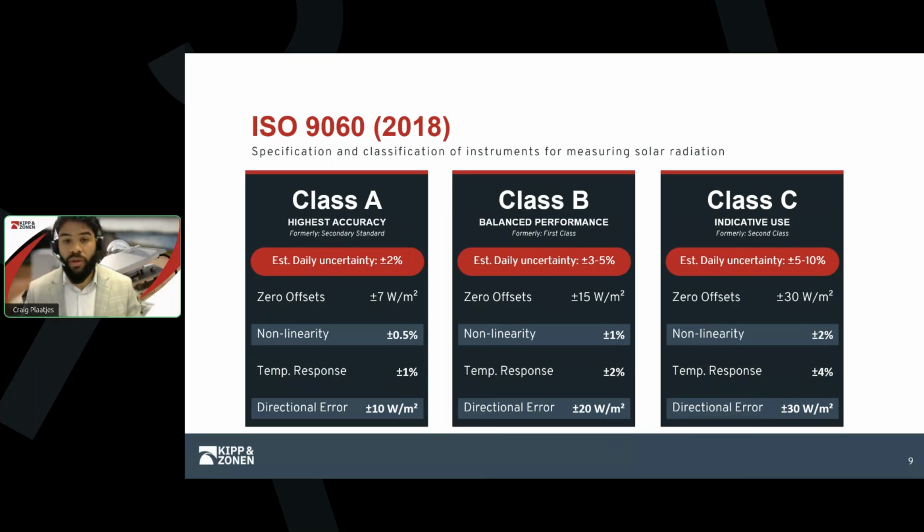Some of the criteria included are directional response, nonlinearity, temperature response, and zero offsets, and these are some of the more commercially significant ones as well. Each criterion defines the operational guardrails of a device, and those guardrails must be met in order to achieve a given classification.